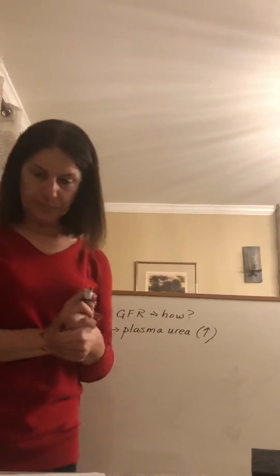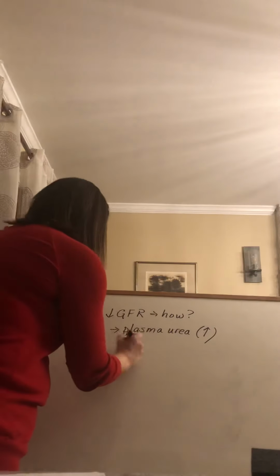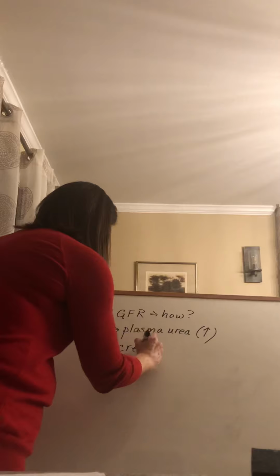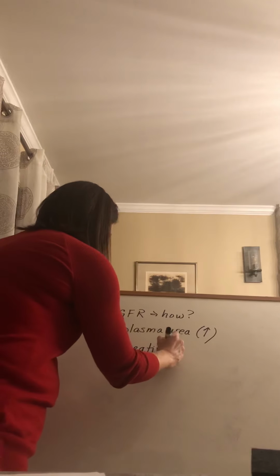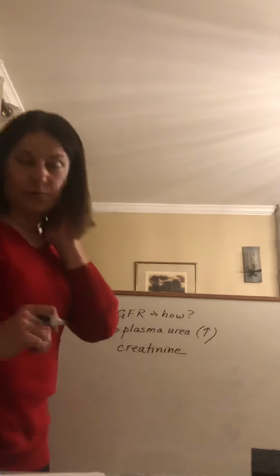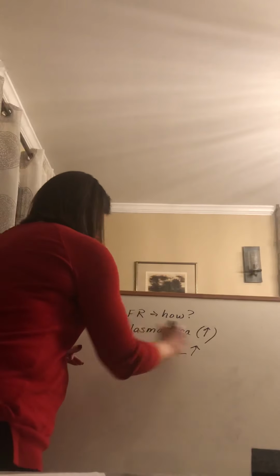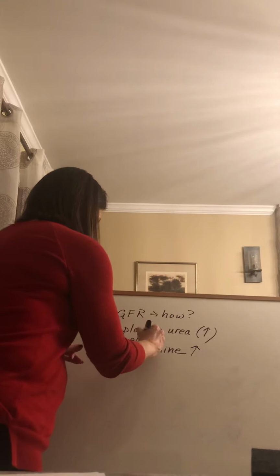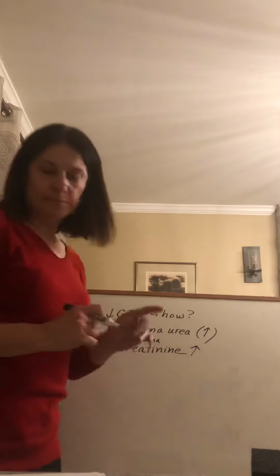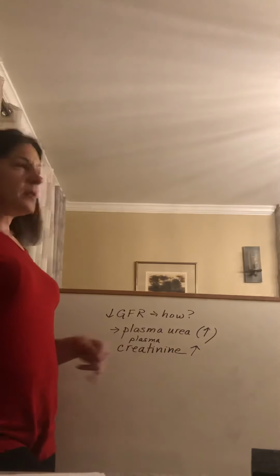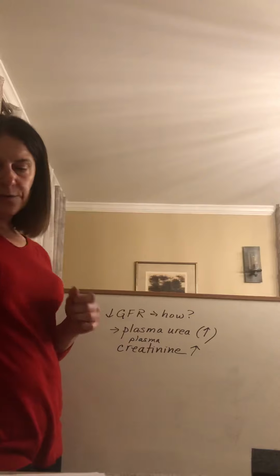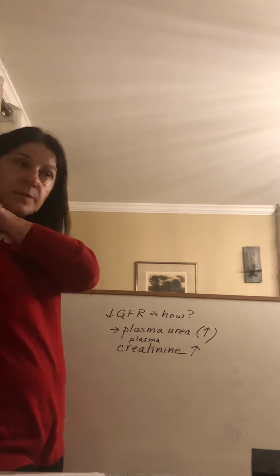Okay. The other thing that would change is the level of creatinine. So again, this would increase in your plasma. Okay, what is this? This is a waste product. It's a breakdown of creatine phosphate from muscle protein metabolism.